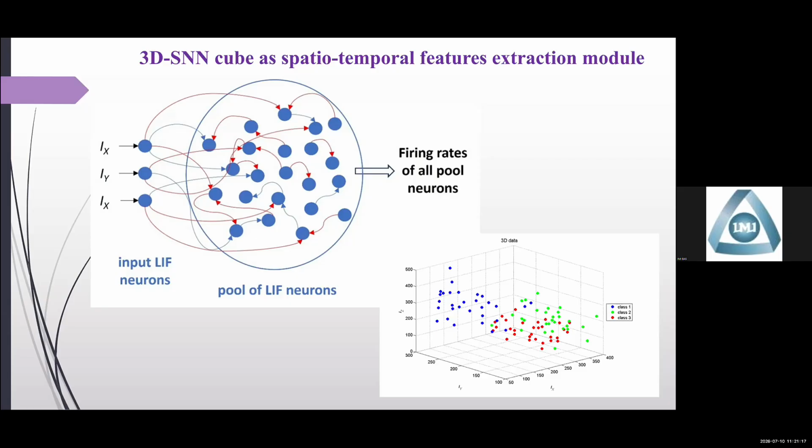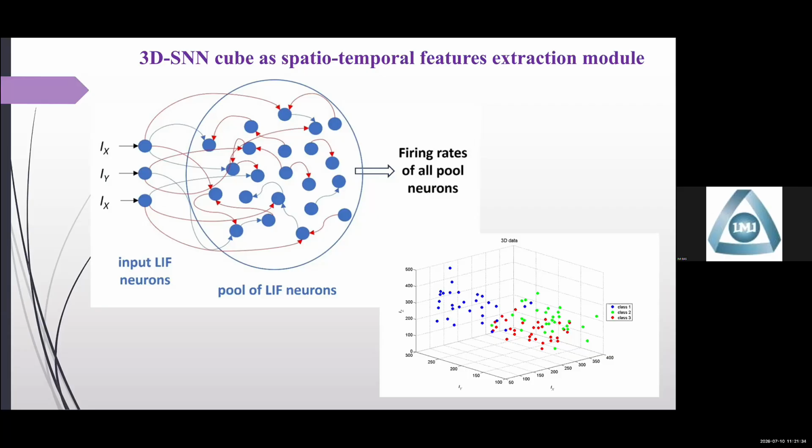And what is the basic idea? It is shown here. If we have a pool of neurons and we feed it with some, this is a 3D example, how we can distinguish three clusters in three-dimensional data with input generating currents.